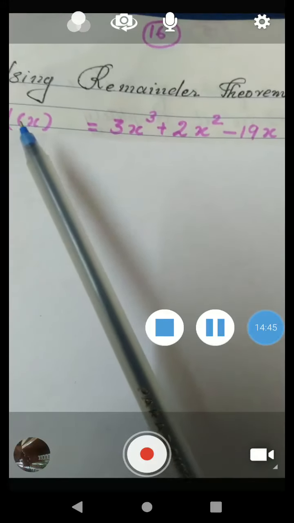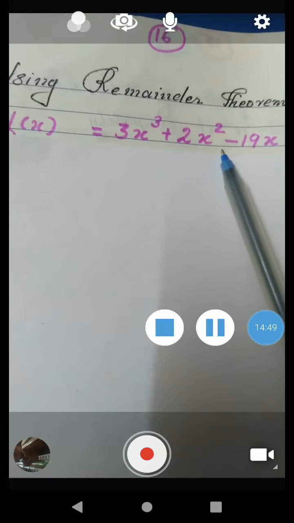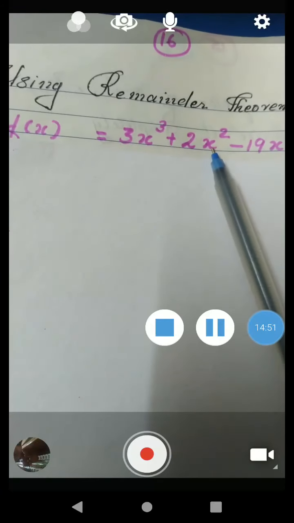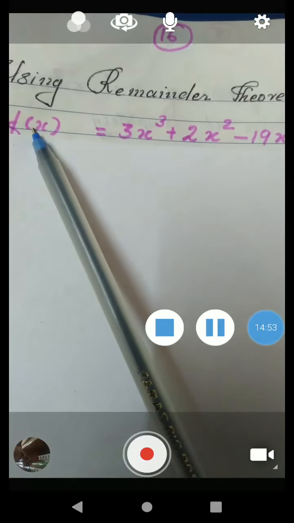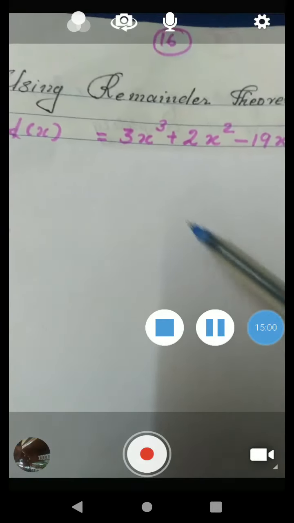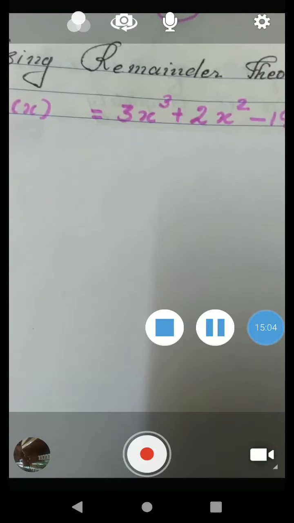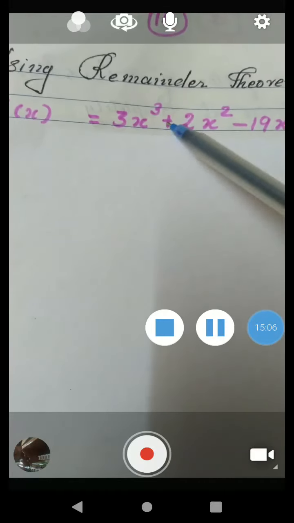And suppose f of minus 1 is equal to 0, we can say that x plus 1 is a factor of this expression. If f of 2 is equal to 0, we can say that x minus 2 is a factor of this expression. In this way, by trial and error method, you have to find a factor of this expression.